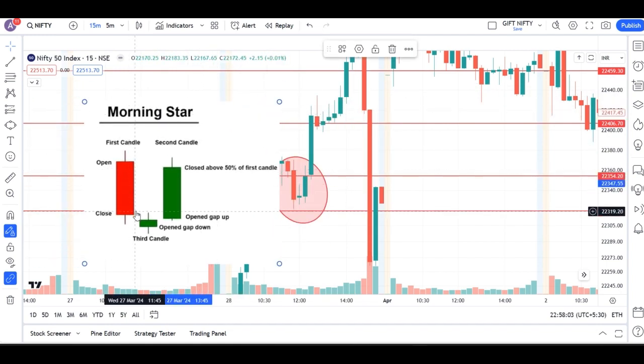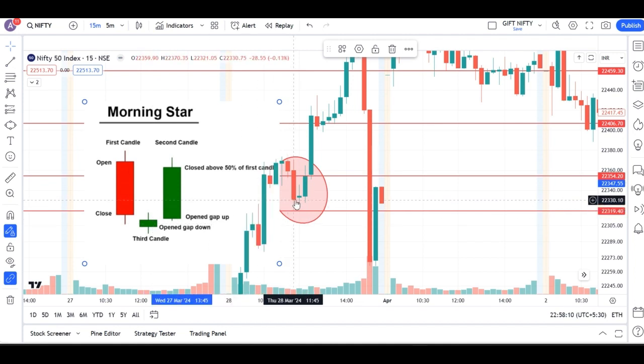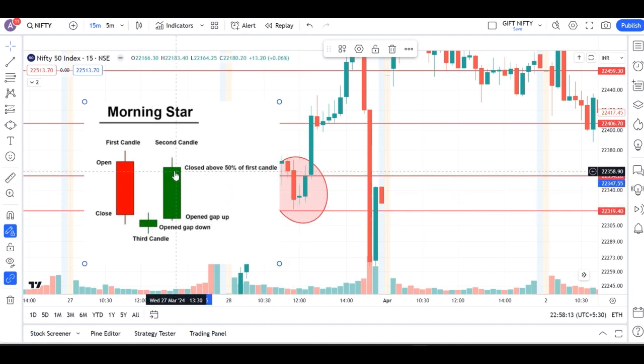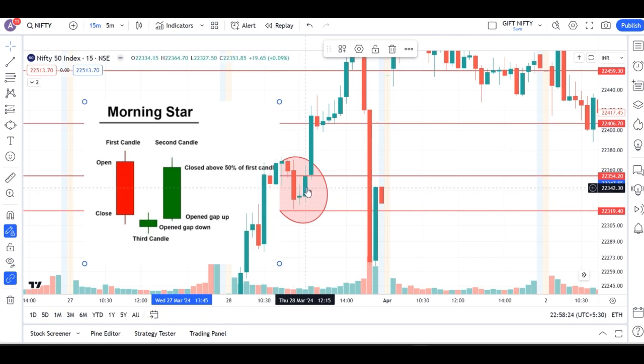You can see the red candle, and then the second candle with a small green formed, and the third candle is about 50% above the first candle. Once this pattern formed, I said it is going to be bullish.